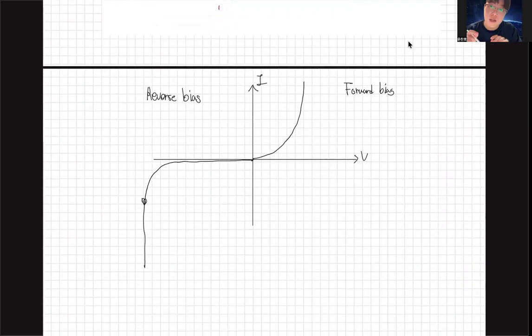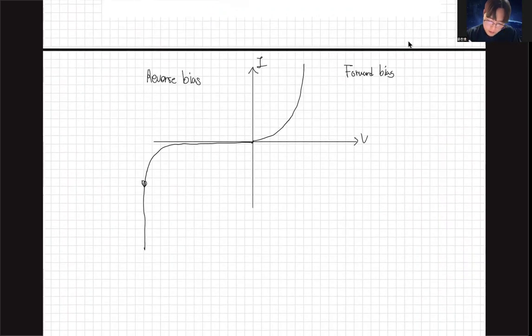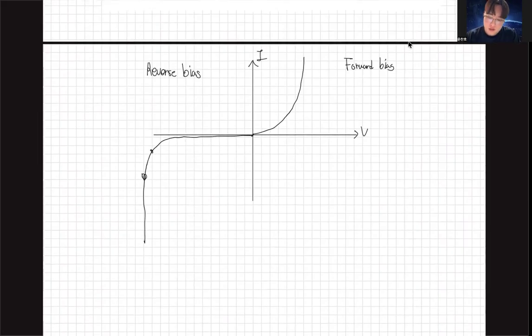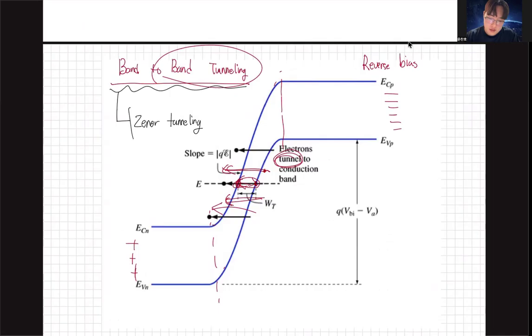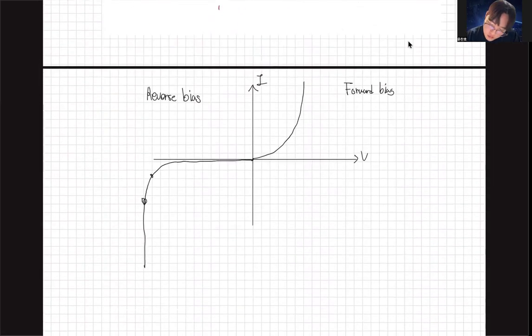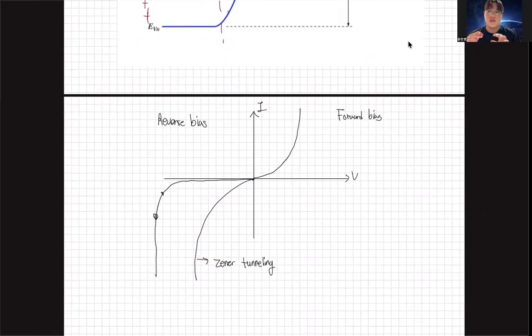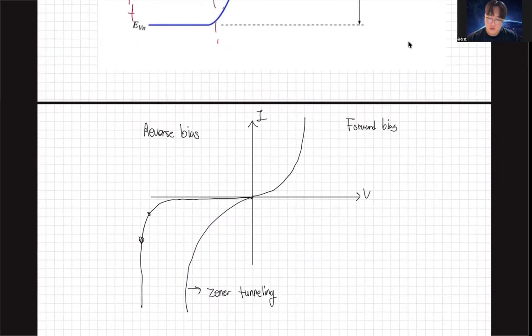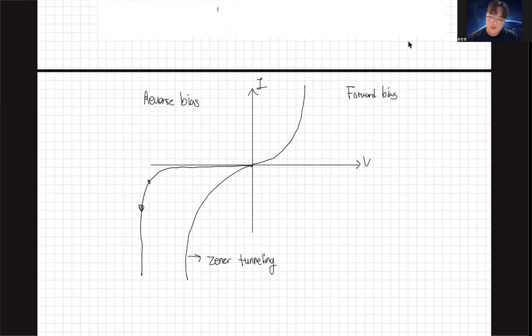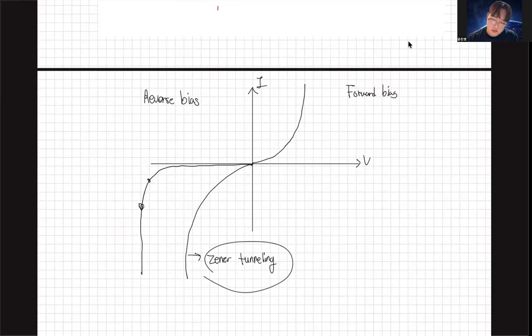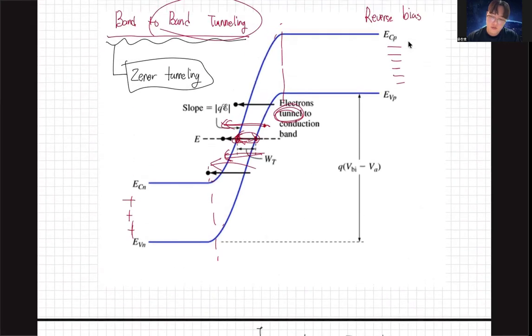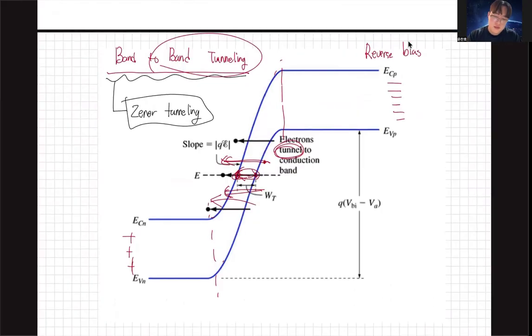Here is the avalanche point and multiplication. And this Zener tunneling curve looks like this. It looks very simple, but if you want to draw this Zener tunneling curve, you have to know about these contents.